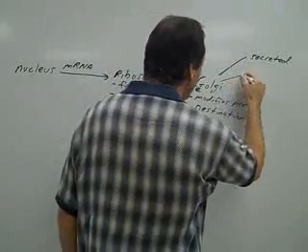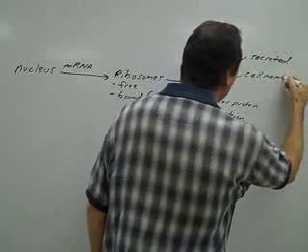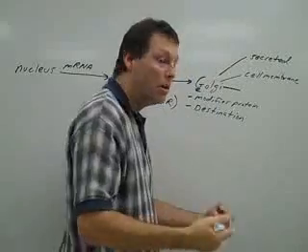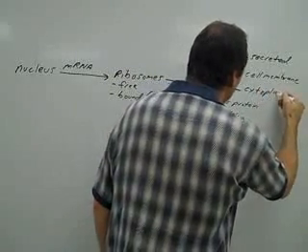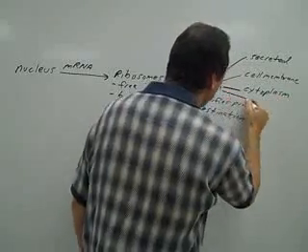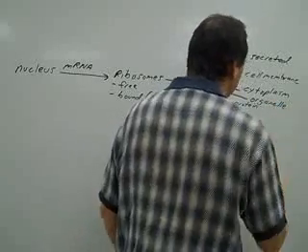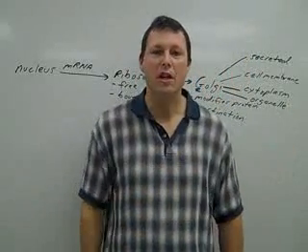They could be embedded into the cell membrane, become part of the cell membrane. They could become part of the cytoplasm. Or finally, they could become part of an organelle. And those are the locations that the proteins can actually end up.